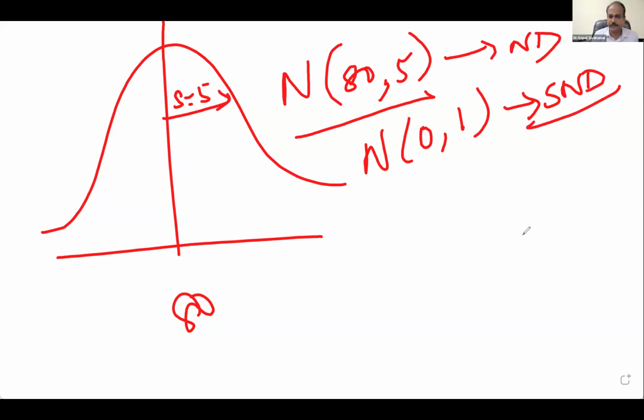Standard normal distribution means the average of the distribution is transformed to 0, and the standard deviation is transformed to 1. If the average becomes 0 and standard deviation becomes 1, then the distribution is considered standard normal distribution.